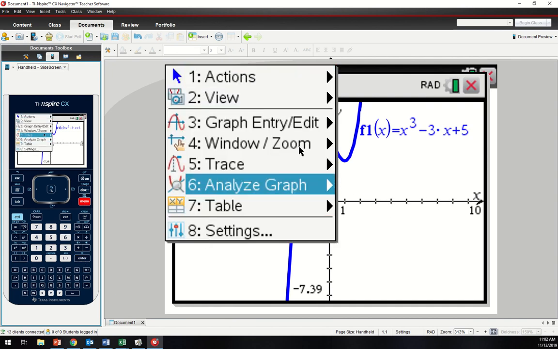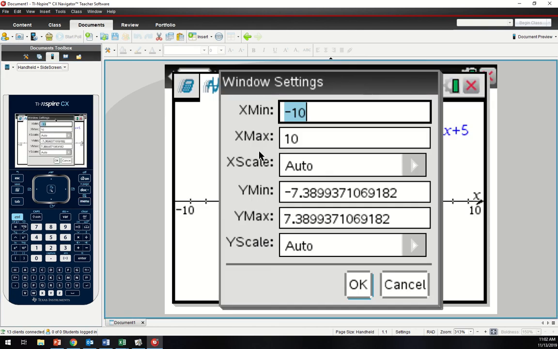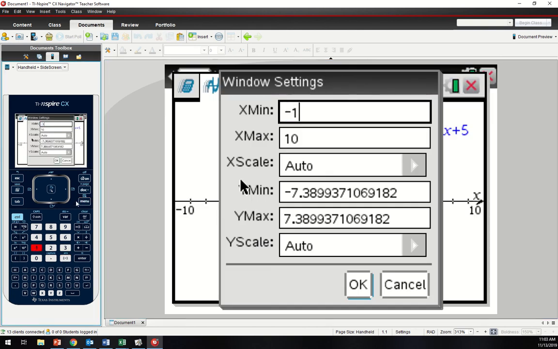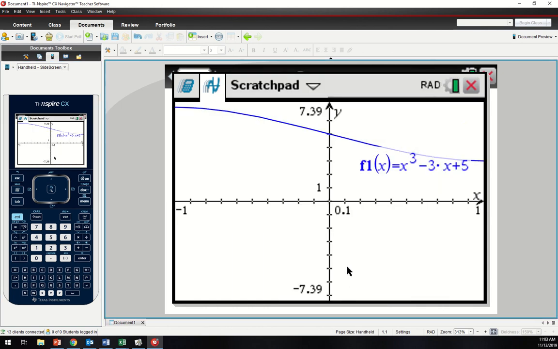Menu, window settings from -1 to 1. Okay, now do you think my y value is okay? Let's look and see.